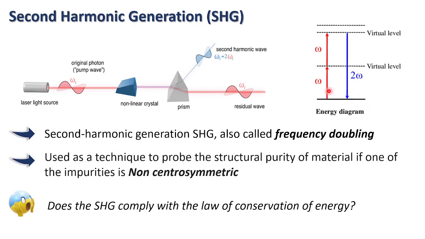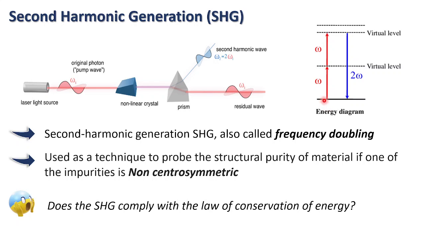How does it obey the law of conservation of energy? Suppose the molecule is in the ground state. When a frequency falls on the molecules in the ground state, they are excited to the virtual level. Here this energy difference is taken as omega. At the same time, some of the molecules are in the excited state. When the light falls on the molecules in the excited state, they also get excited to another virtual state.